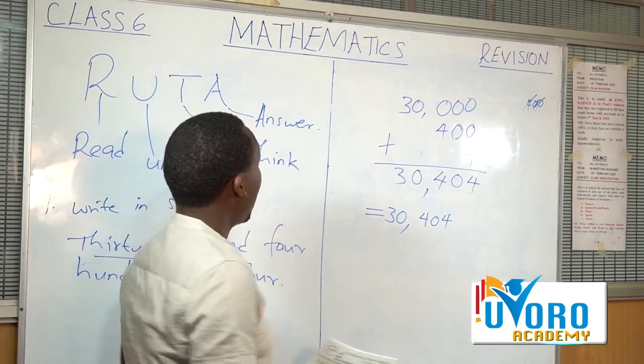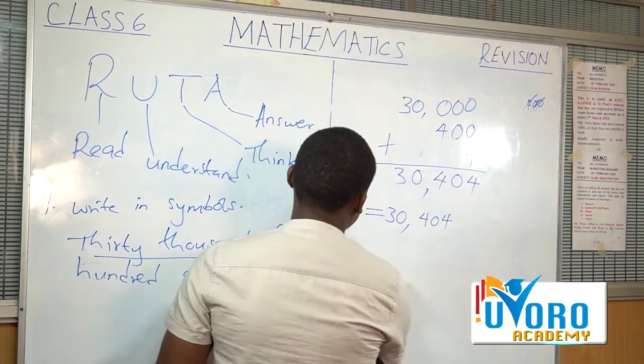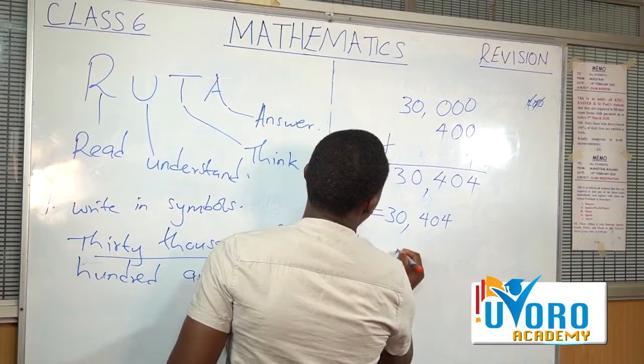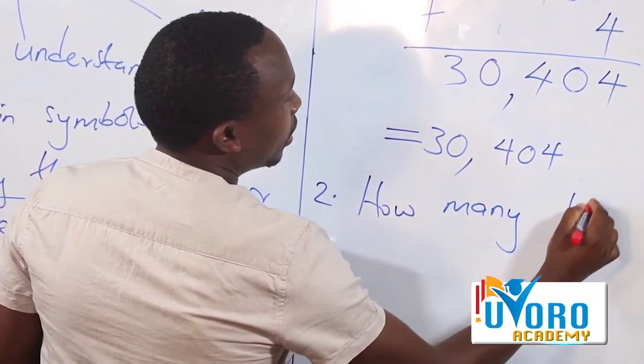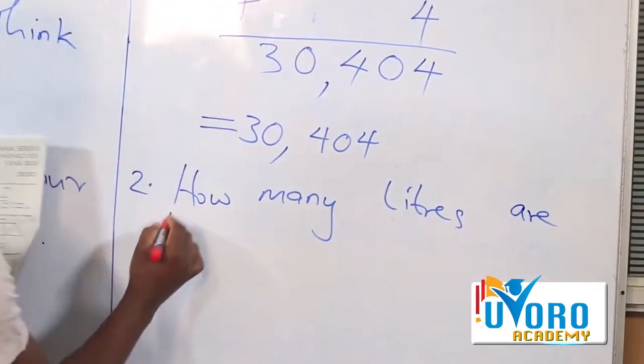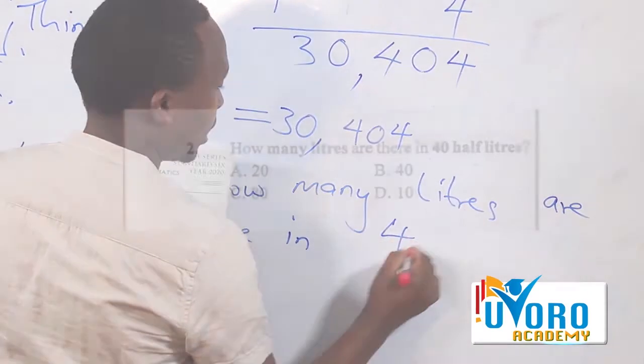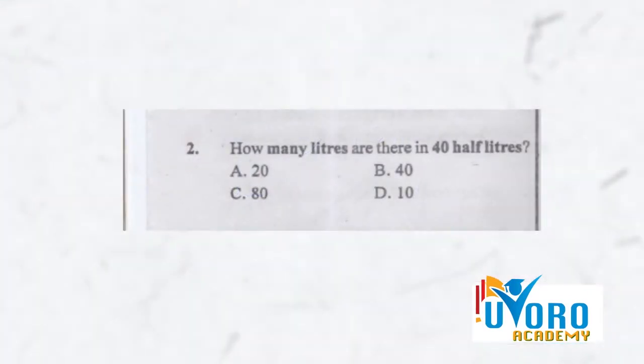Now, we go to number 2. Number 2, how many liters are there in 40 half liters?